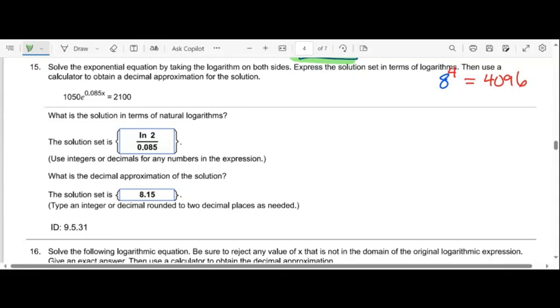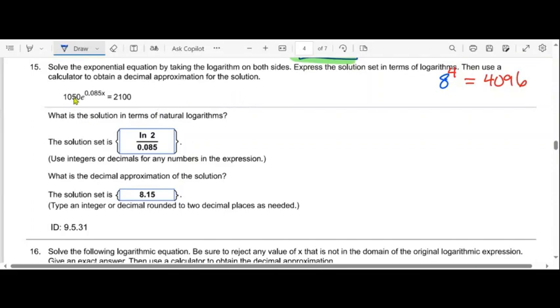Then use a calculator to obtain a decimal approximation for the solution. Very good. So now he said what? Use the log. So what's the opposite of ln? Very good.